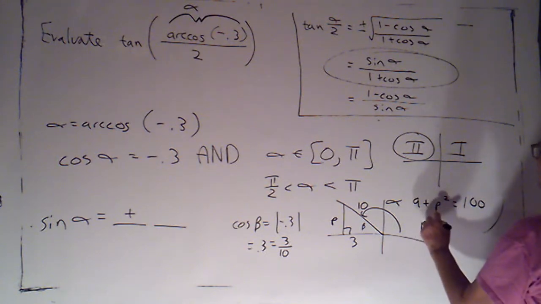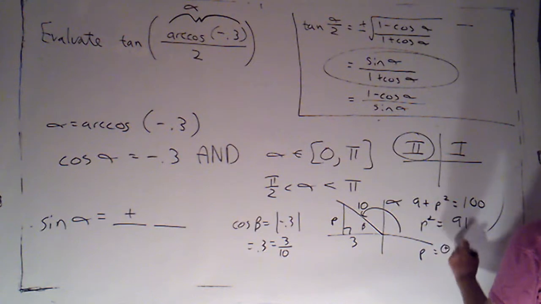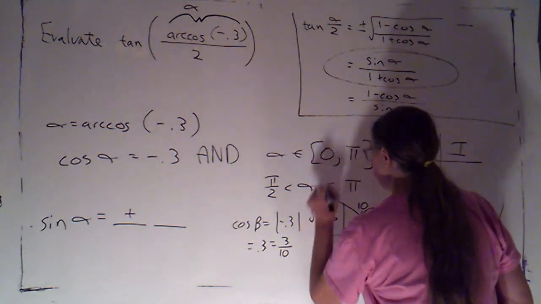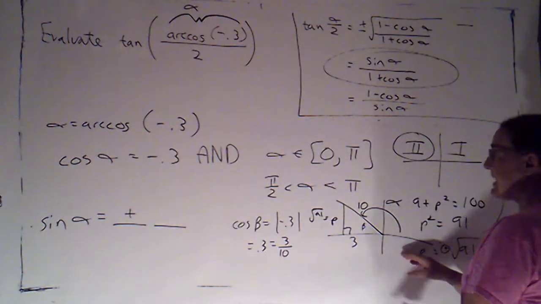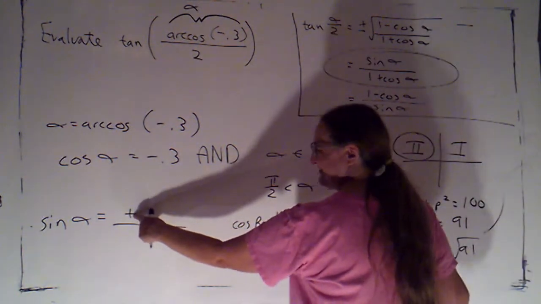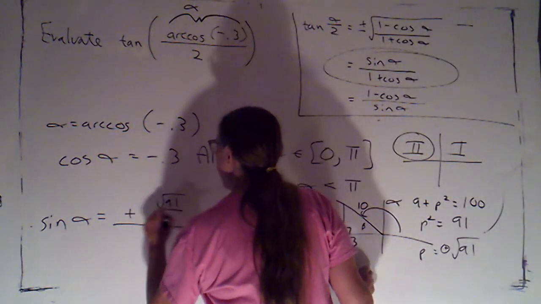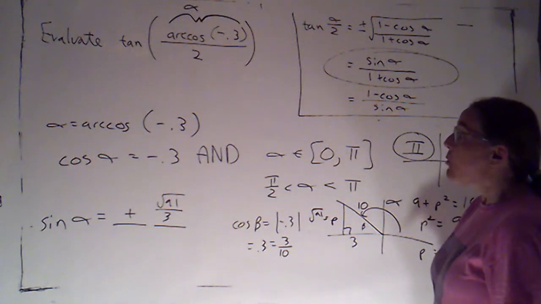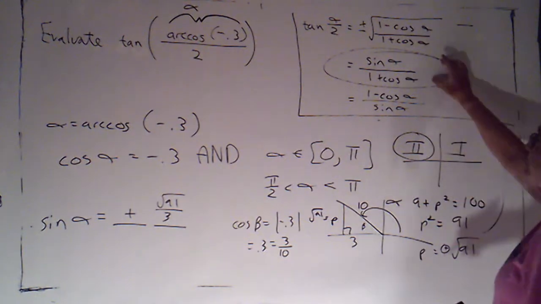So that means p squared is going to be 91. So p will be the positive square root of 91. Sine of alpha is then, I'm going to take sine of the reference angle beta and attach it to this positive sign. So that's going to be root 91 over 10.